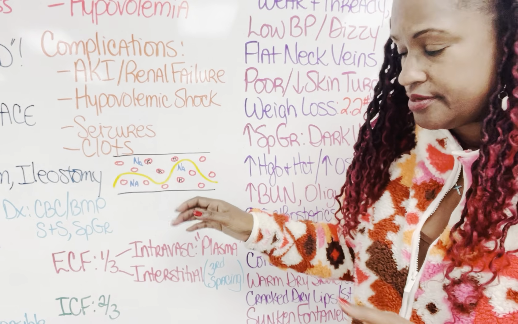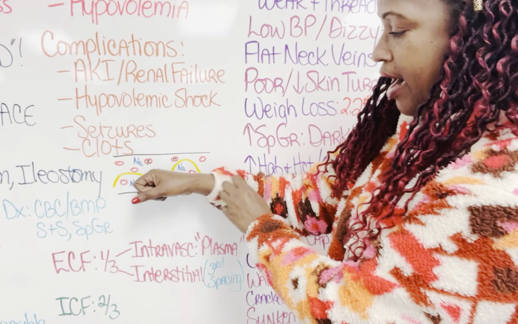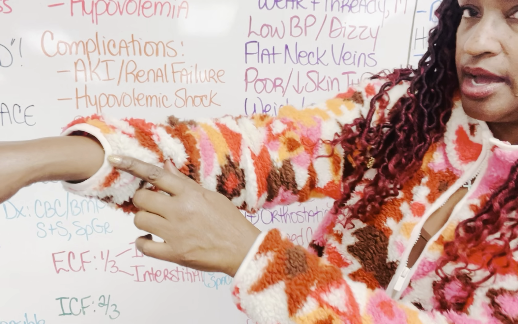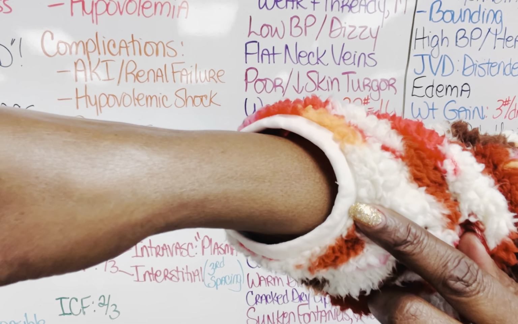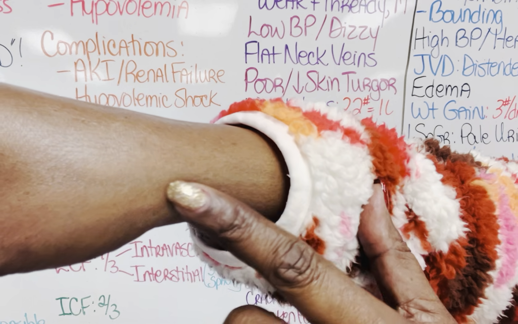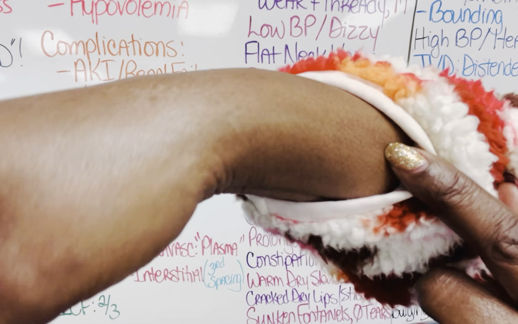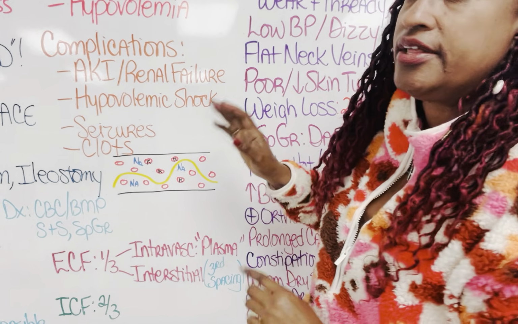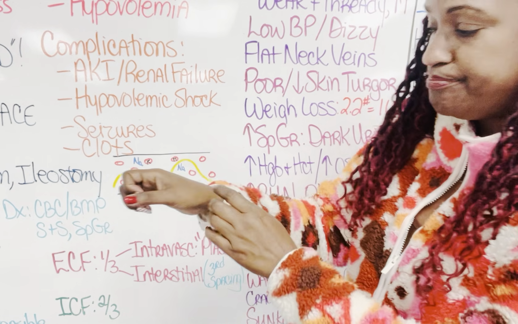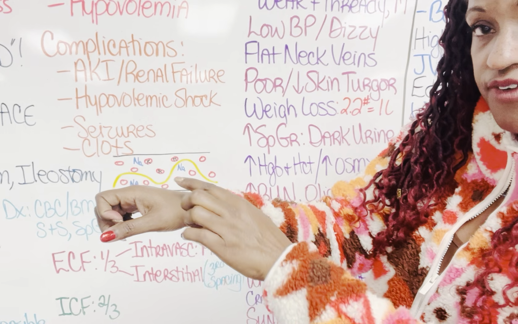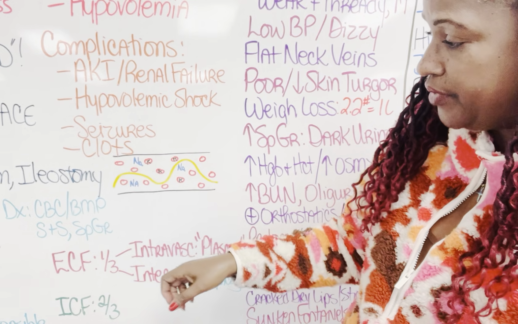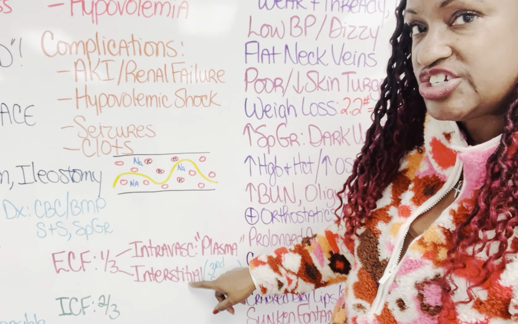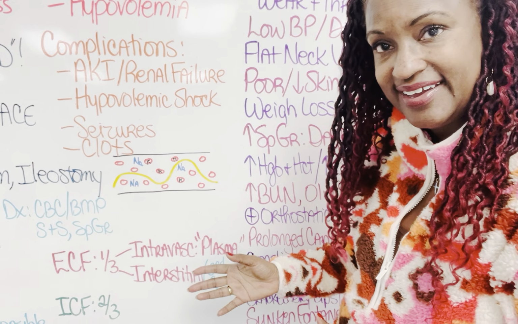Now look at this. This is my blood vessel. Again, I'm trying, y'all, to show you this blood vessel. It's kind of blue. I don't know if you can see it. That's my blood vessel, but outside of my blood vessel is something called interstitial fluid.